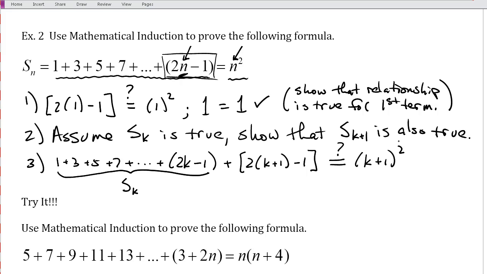Okay, so we already figured out that all of this is S sub k, and we're assuming that that's true, so we're assuming that's equal to k squared.